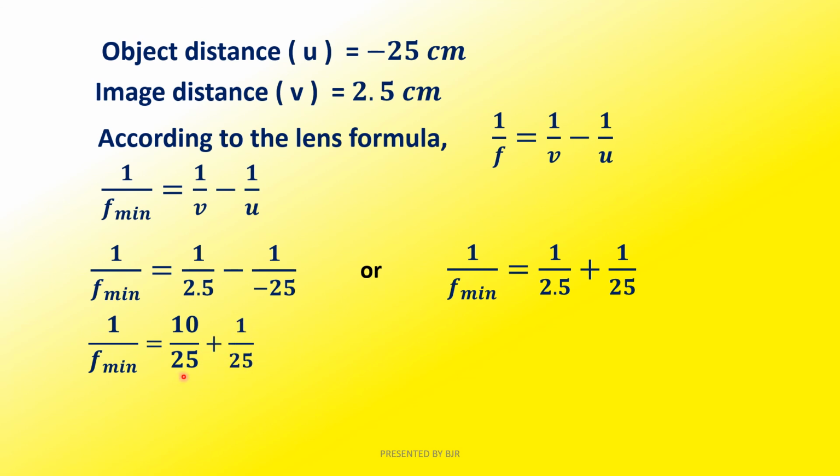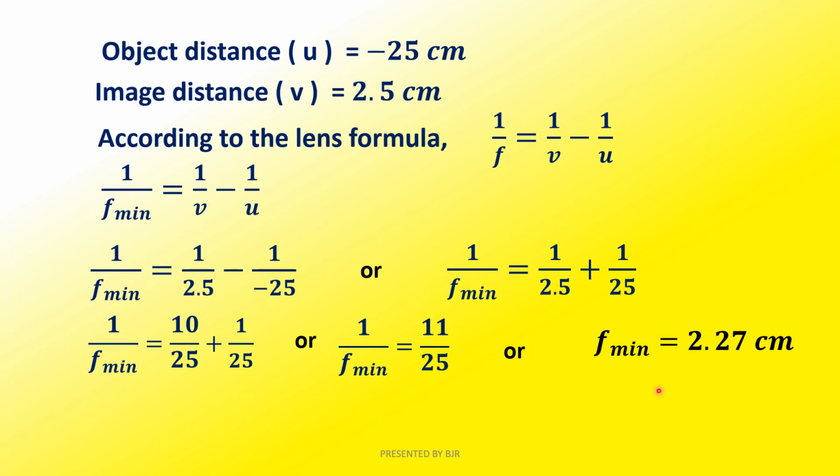Here the denominators are same, hence simply add the numerators. Or 1 by f minimum is equal to 11 by 25, or f minimum is equal to 2.27 centimeters approximately. So this is the minimum focal length the eye lens will have.